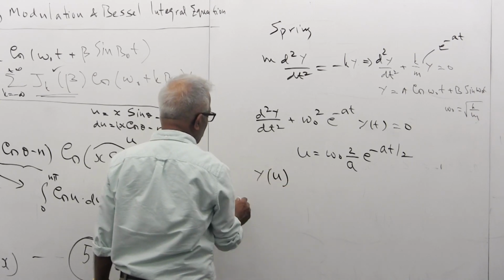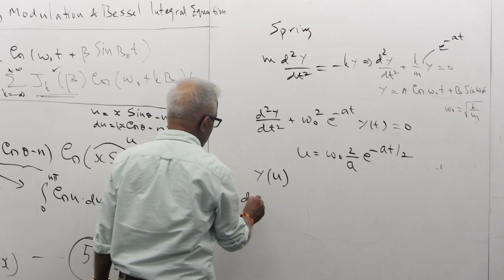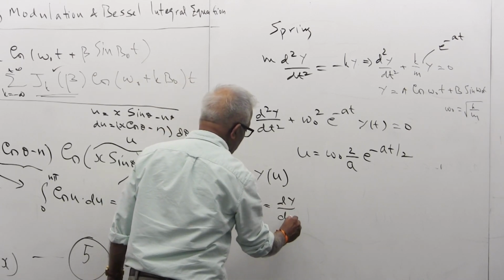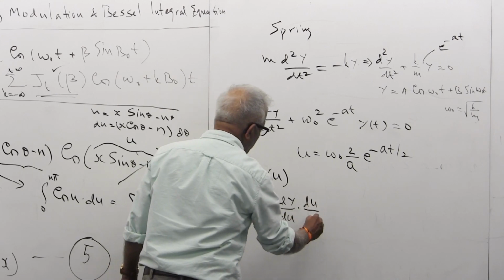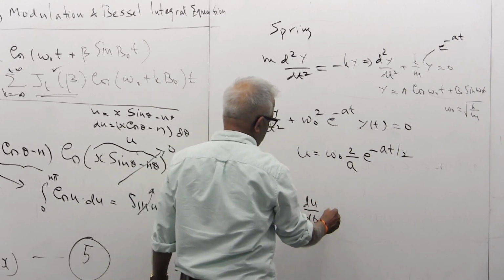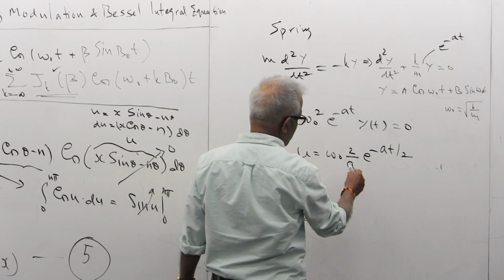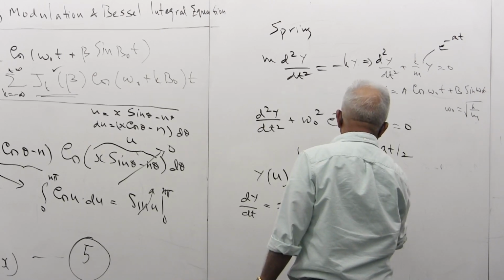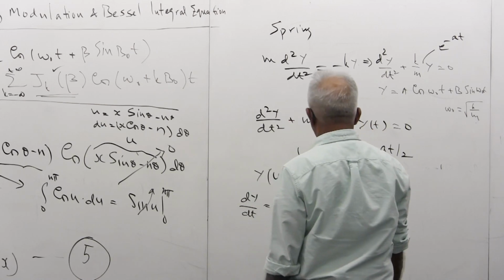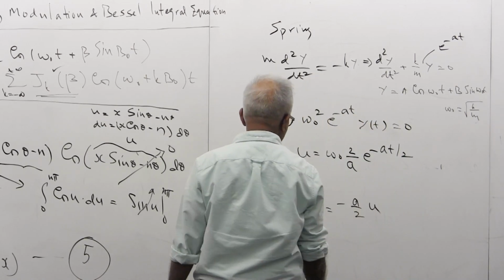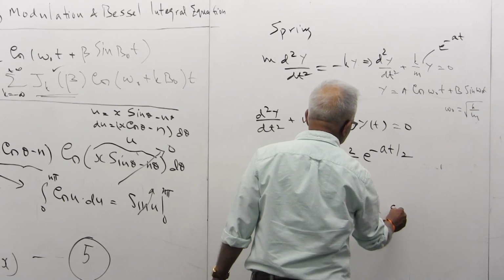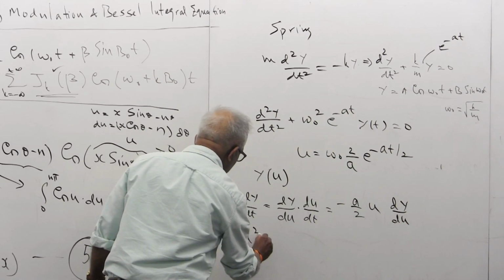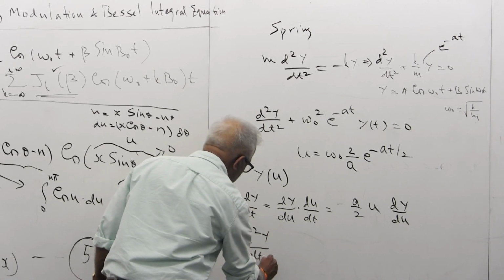So we want dy by dt, which is dy by du multiplied by du by dt. So du by dt is, from here, minus a by 2 u, multiplied by dy by du. Next we want d squared y by dt squared.